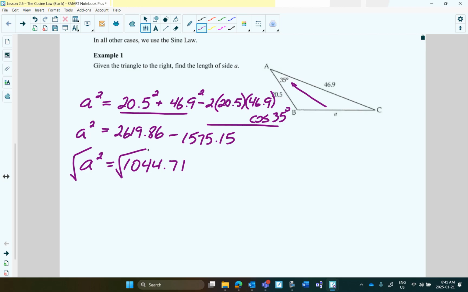Normally you do, but you can't have a negative answer. So a is going to be approximately, and we can go to 1 or 2 decimal places, doesn't really matter, we weren't asked, so we'll say it's approximately 32.3. So that's using cosine law to find the side.